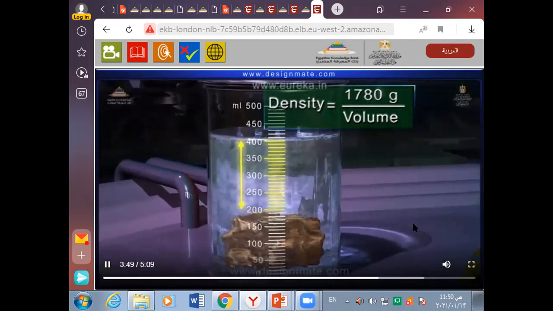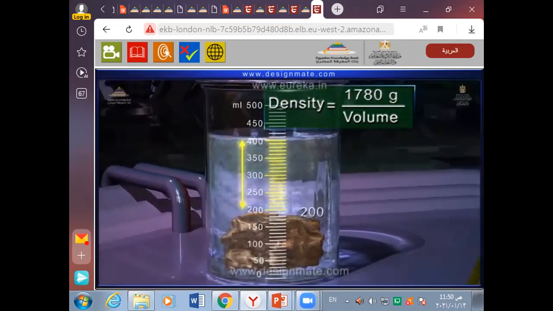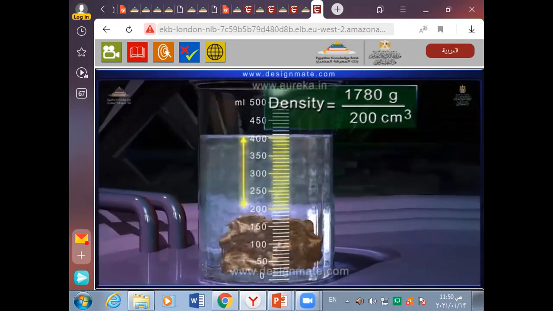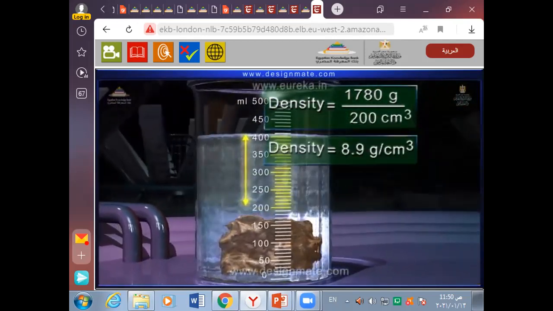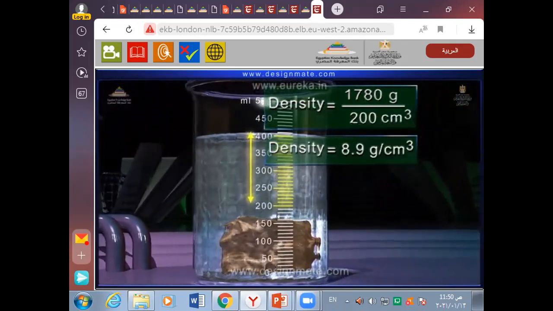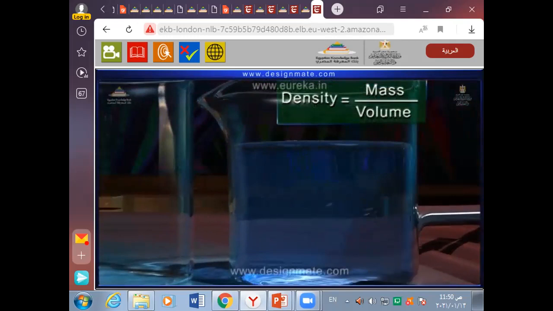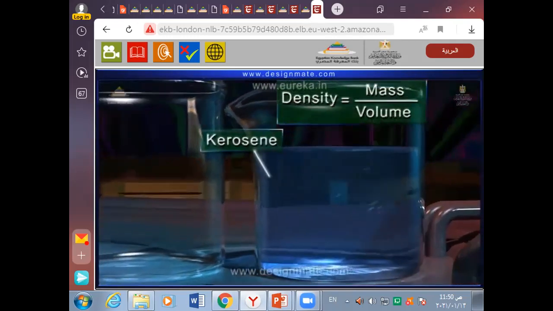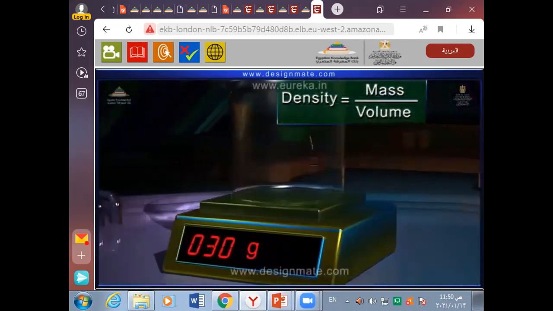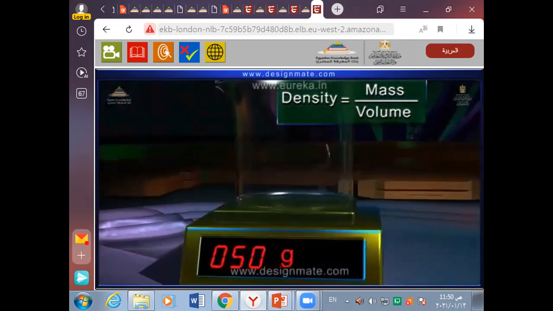The difference between the initial and final volumes gives the volume of the copper piece, which is 200 centimeters cubed. Hence, the density of copper is 8.9 grams per centimeter cubed. The density of liquids can also be found. Consider a liquid like kerosene. First, take the mass of the vessel without the liquid, which comes to about 50 grams.